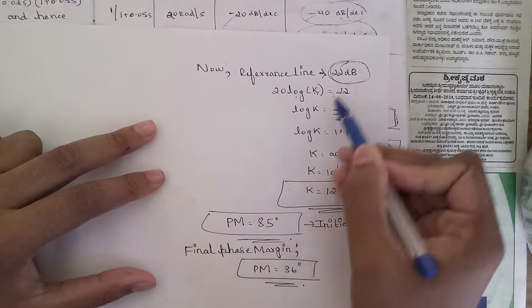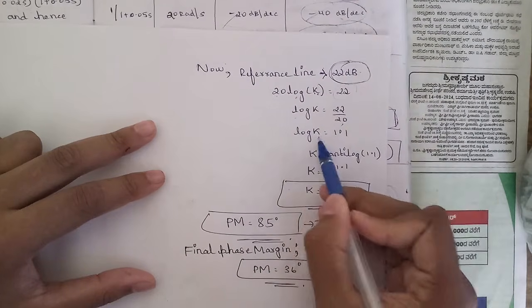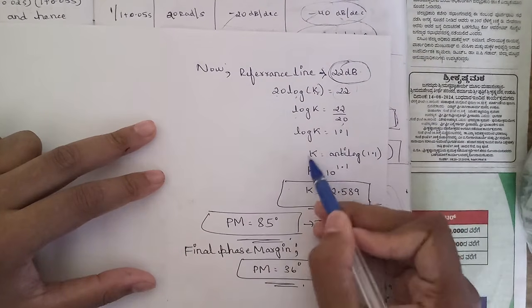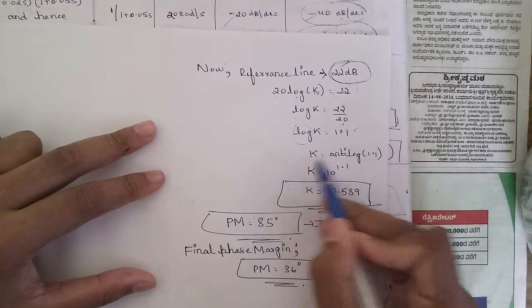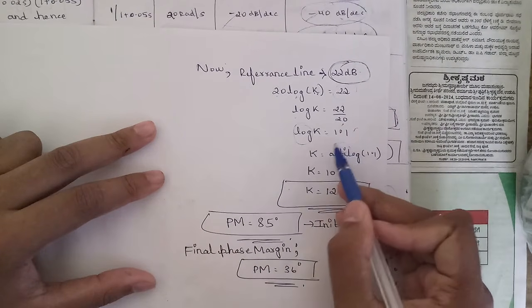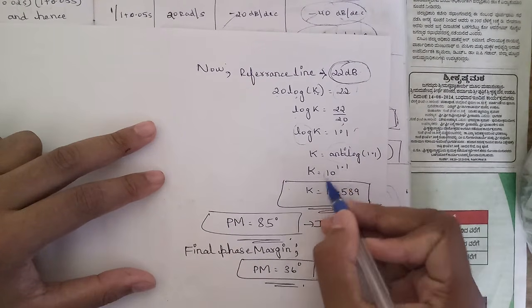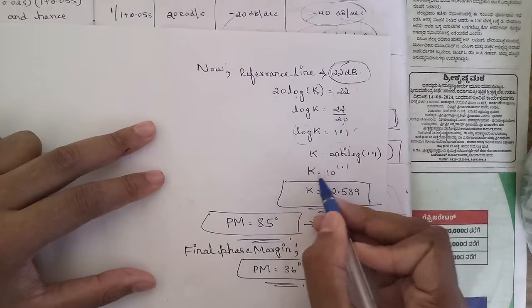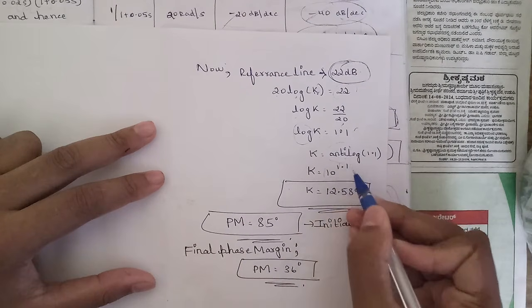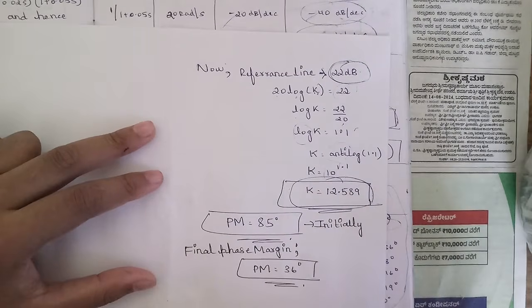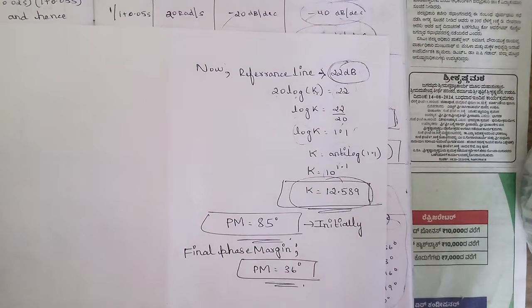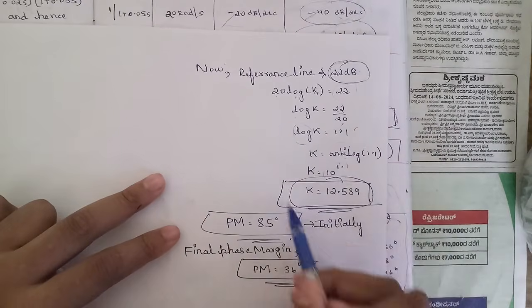So log k is equal to 22 by 20, log k is equal to 1.1, then k is equal to, if you want to bring this log to the other side, it would be the anti-log of 1.1, which can be represented to the base 10. That is k is equal to 10 to the power 1.1, which is approximately 12.589.